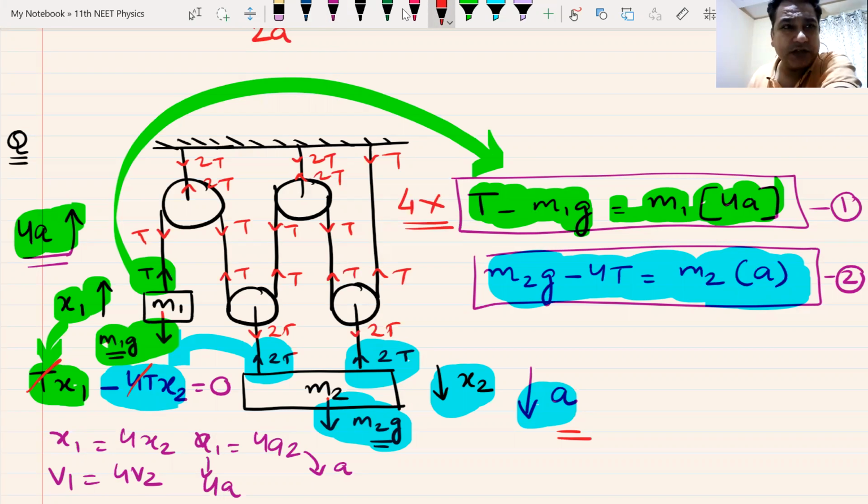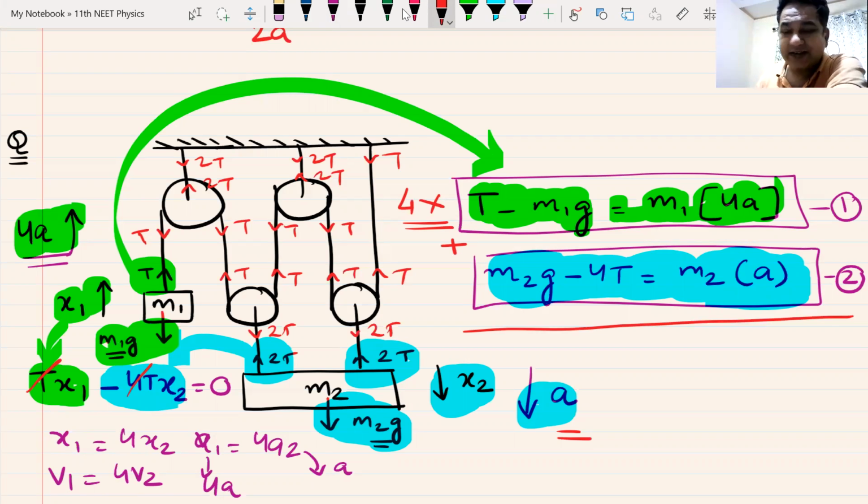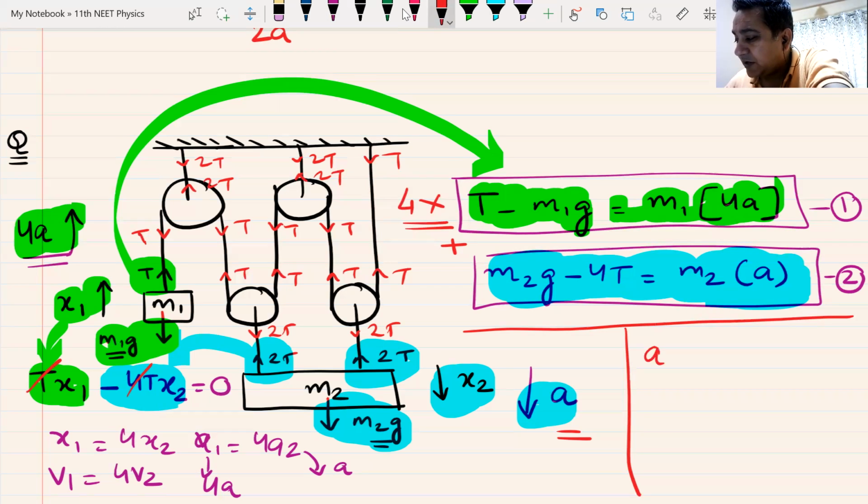So you will have 4T in the first equation and 4T in the second equation. Then you can add both these equations. 4T and 4T will get cancelled and you will have your answer. Can you tell me what is the value of A that you are getting?